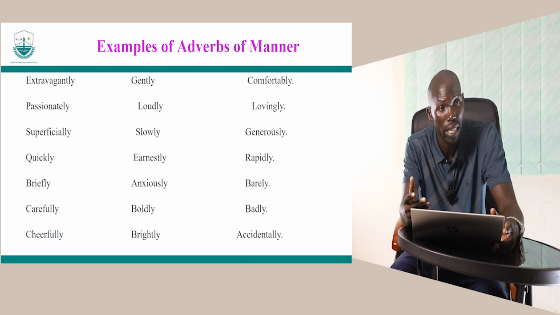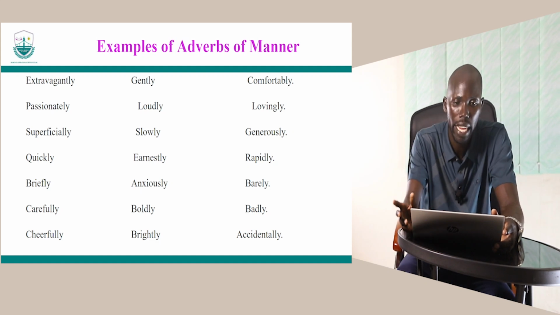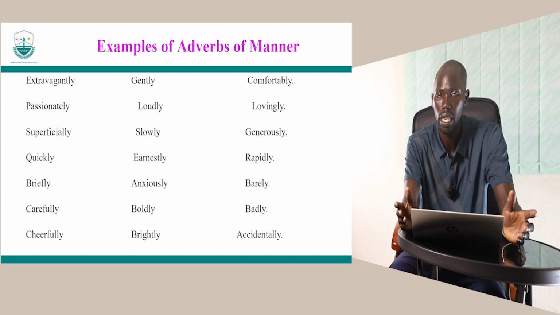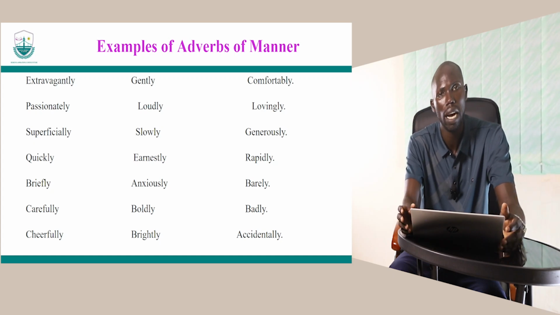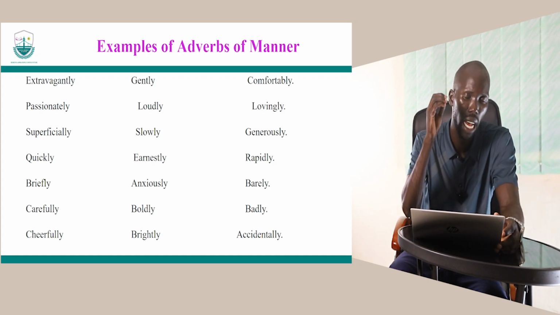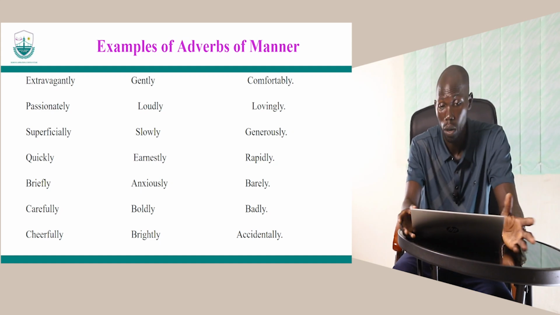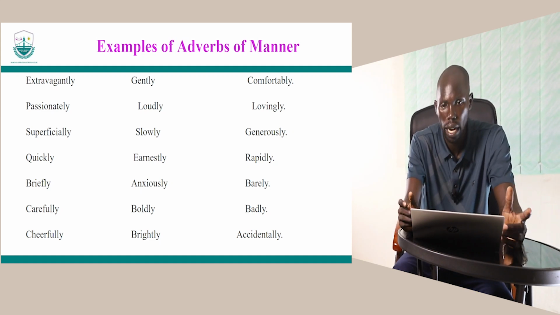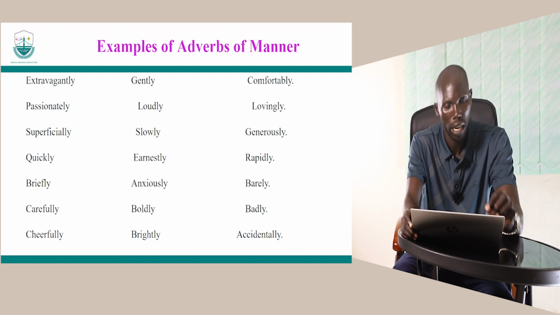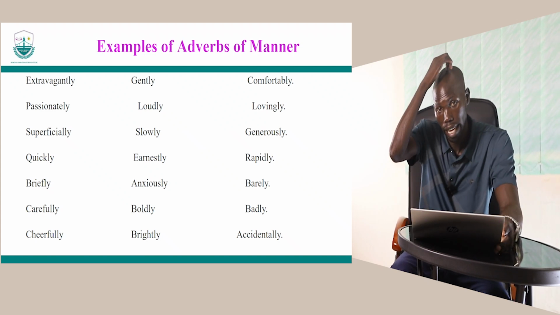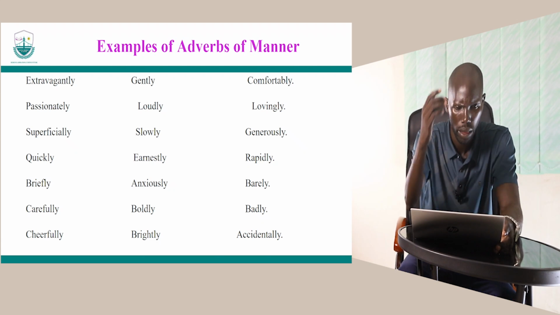Which means if it answers how something is done, they in themselves are adverbs of manner. It can be passionately, loudly, or lovingly. All of this tells us how something is done or how something happens, which means they also are adverbs of manner. If you get them in given sentences, just know when used therein, they are used as adverbs of manner.